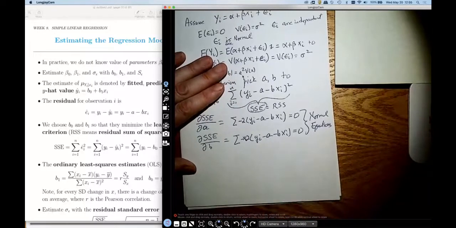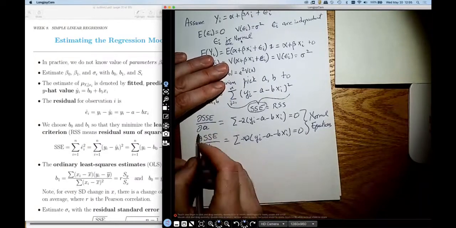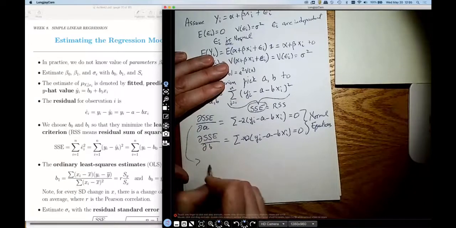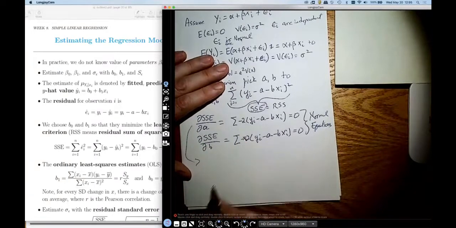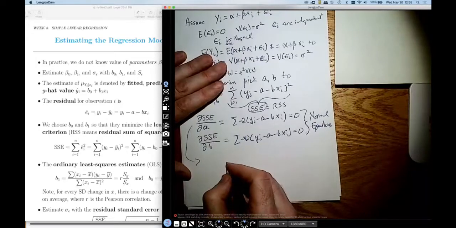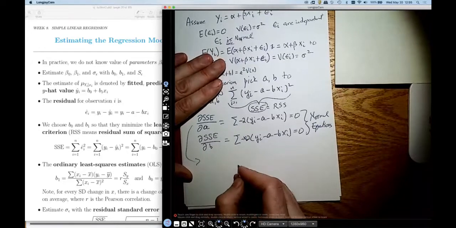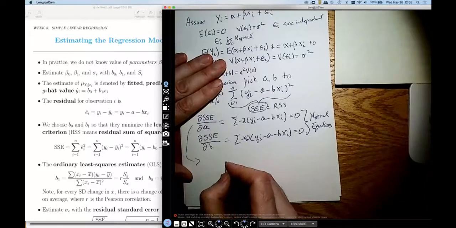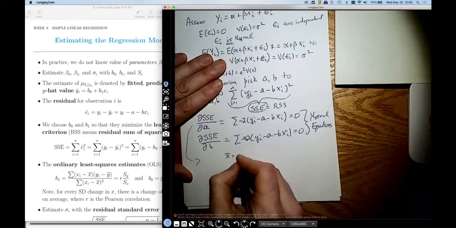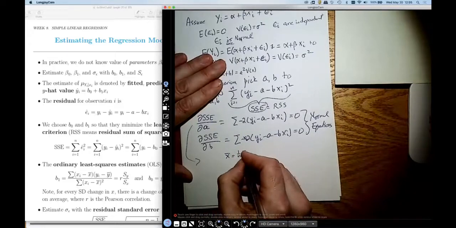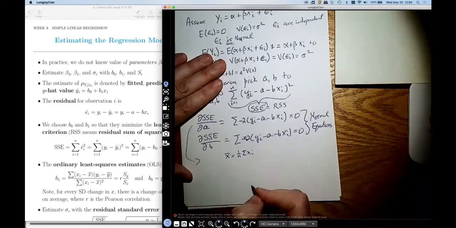Now, I'm going to do a little bit of rewriting on this. So let's just take this first equation. Actually, before I do that, I want to just mention something that ought to be obvious, but may not be. So remember what x bar is. So x bar is just 1 over n times the sum of x i's.